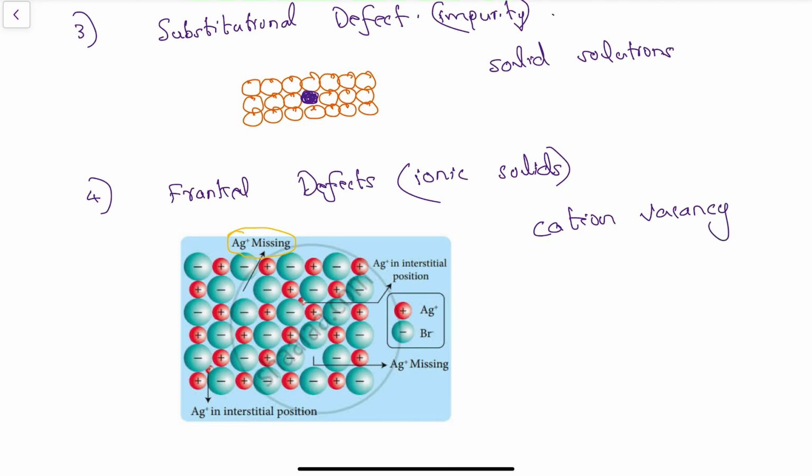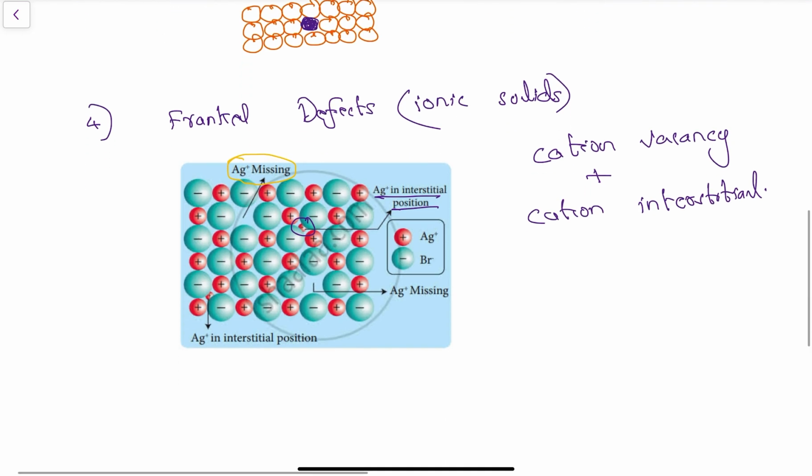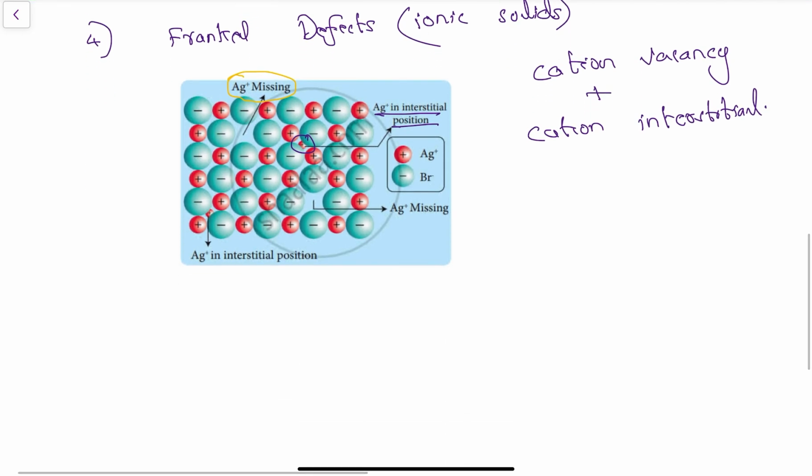This cation moves to an interstitial position. So you can see that there is a cation vacancy and a cation interstitial. So this is the Frenkel defect. This occurs in ionic solids. Then you have another defect in ionic solids called the Schottky defect.